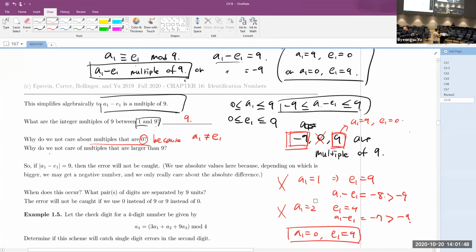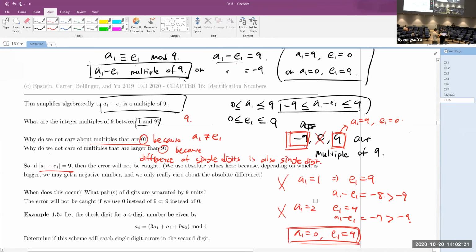And why do we not care about multiples that are larger than 9? Because the difference of single digits is also a single digit. That's why we only care about the cases negative 9 and 9, right?